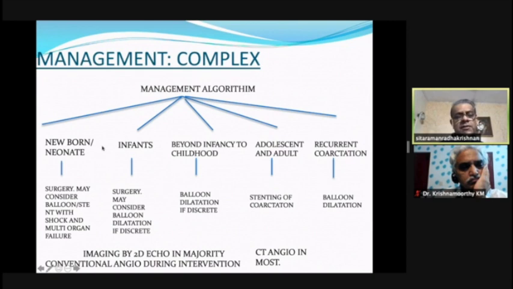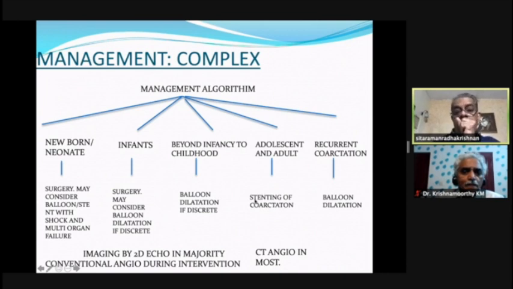As a broad subset, I'm sorry, in the newborn and infancy, most often it is surgery. Later on, you can do balloon dilatation. And in the adolescent and adult, one can consider stenting of the coarctation.